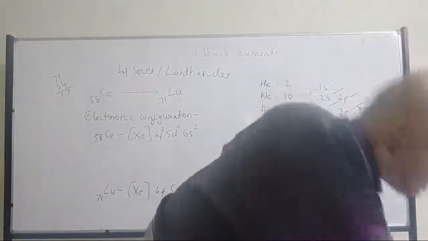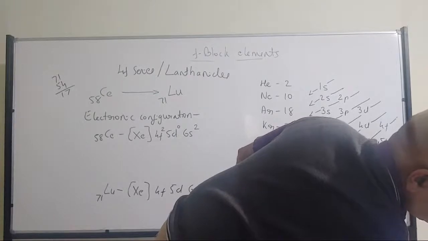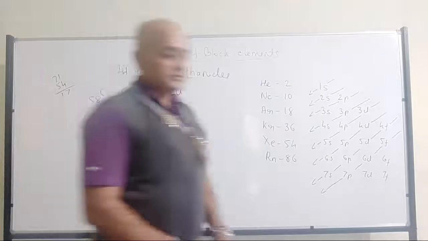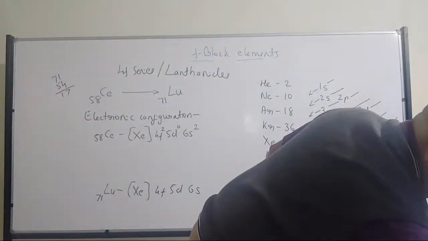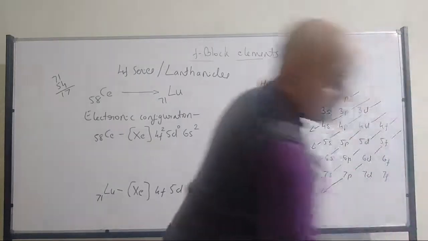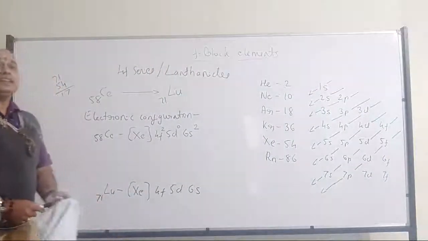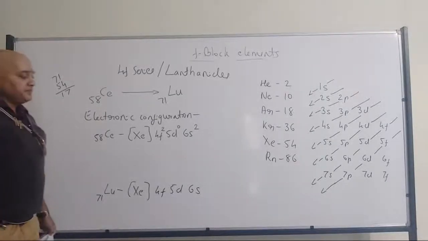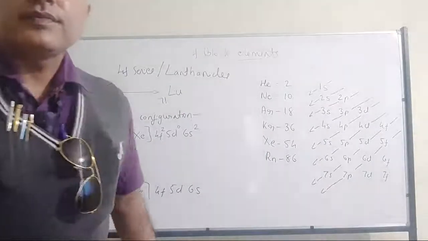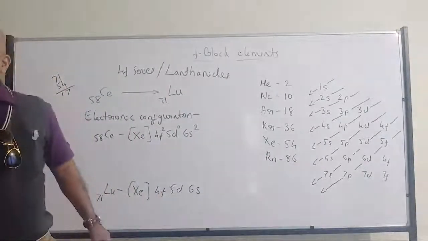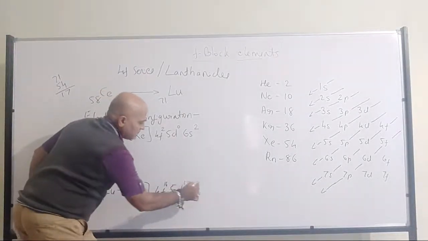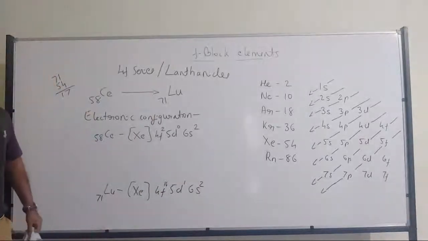Can anyone do it fast? She has forgotten to fill the 4f itself. You have written 4f14, 5d1, 6s2. Absolutely correct.